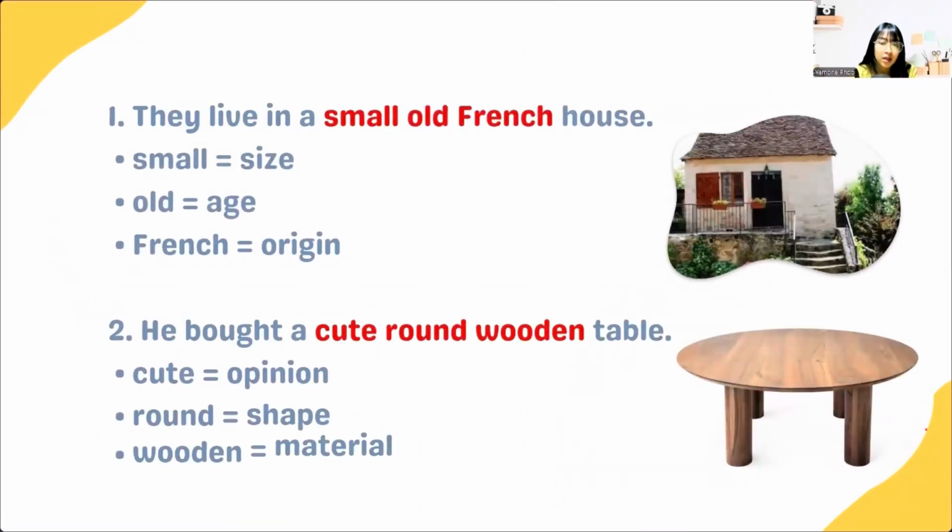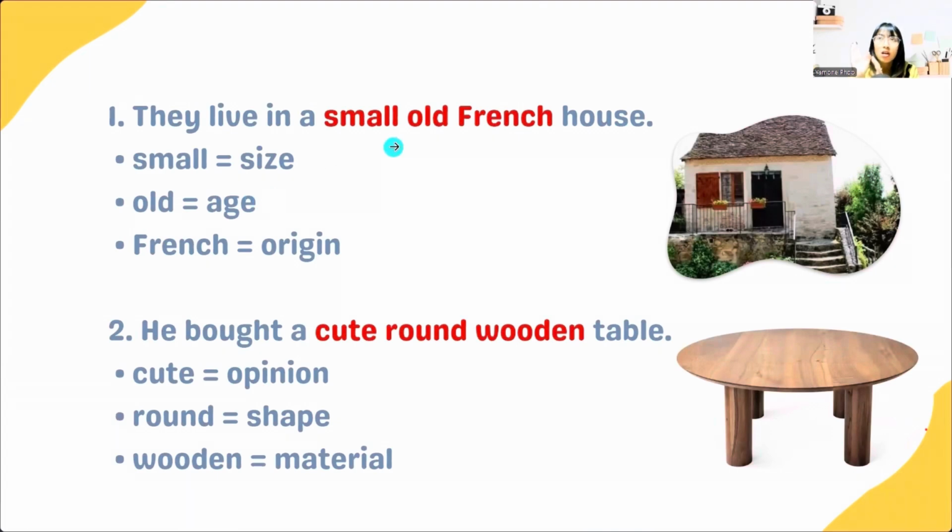Let's see more examples with sentences. The first sentence is: they live in a small old French house. Here, small is size and old is age.